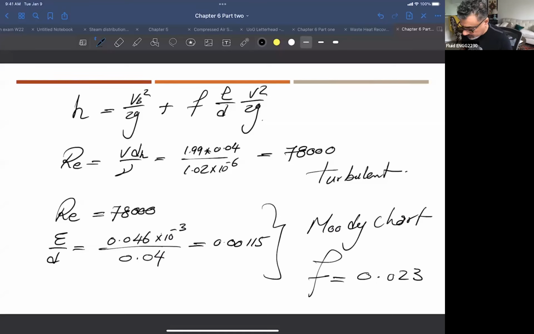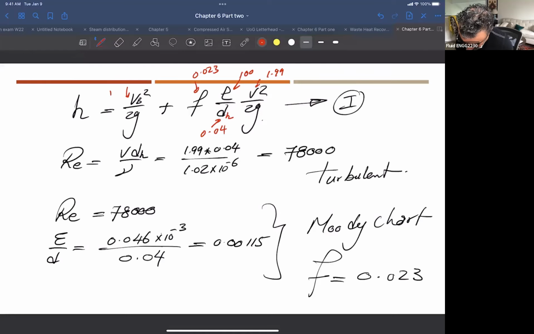Okay. It looks like this equation here, I have the value here for f. L is 100 meter. Diameter is again the hydraulic diameter, which is 0.04. The velocity here is 1.99. f here is 0.023, right?